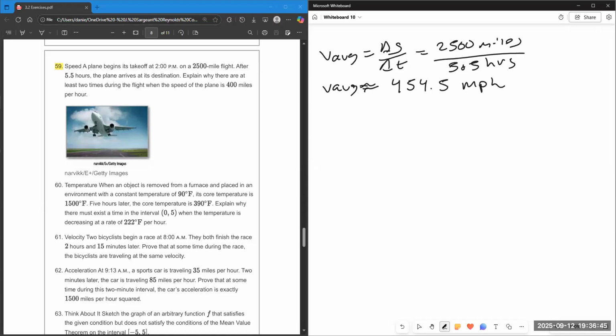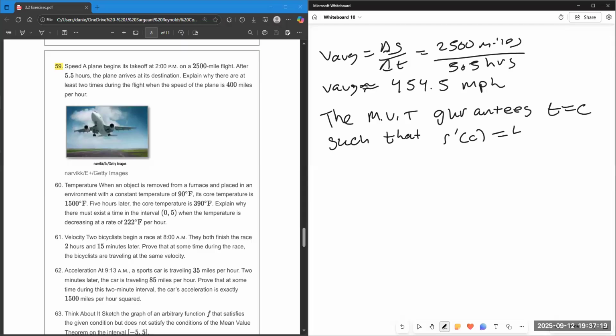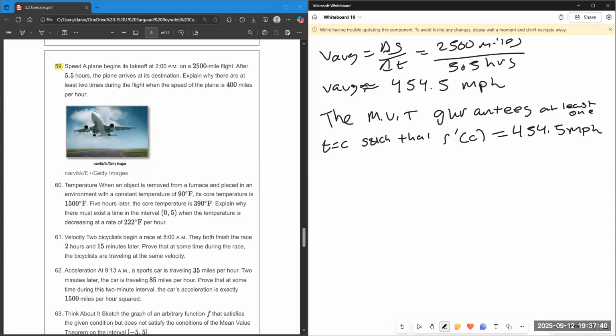Let's just say it this way: the mean value theorem guarantees at least one time t equals c such that s prime of c is equal to 454.5 miles per hour.